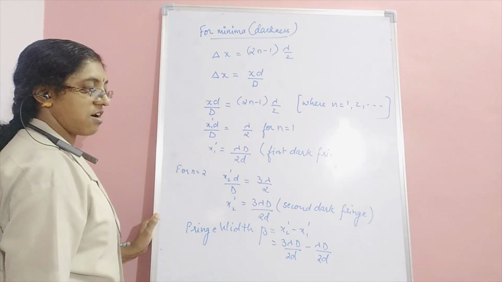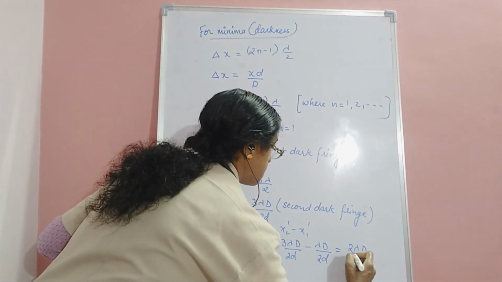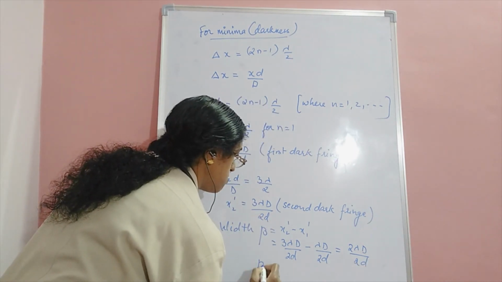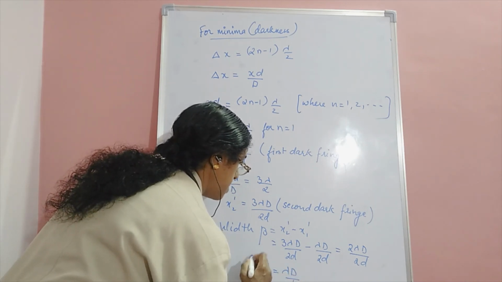As I solve it, I'll get 2 lambda capital D by 2d, which is equal to beta equal to lambda capital D by small d.